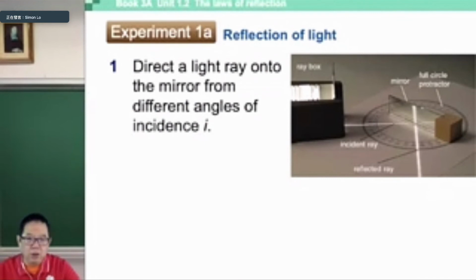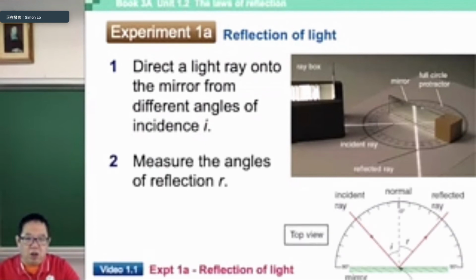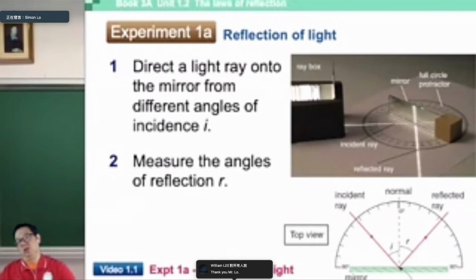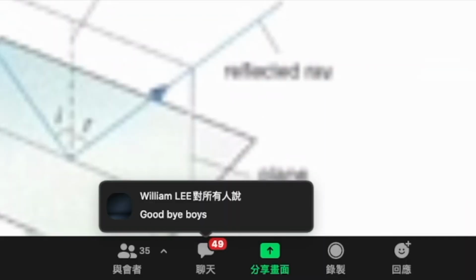Then we measure the angle of reflection. For example, you read the angle of incidence at 30 degrees, then measure the angle of reflection, and try different angles. Of course, you know what will happen: the two angles will be equal.